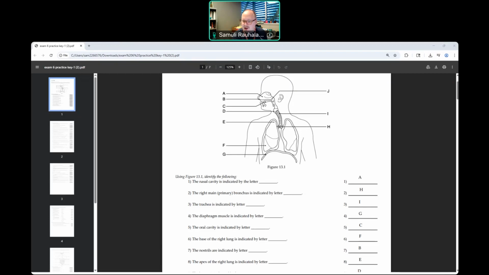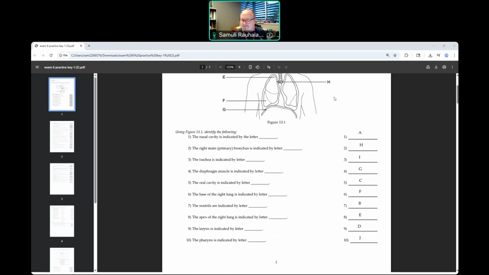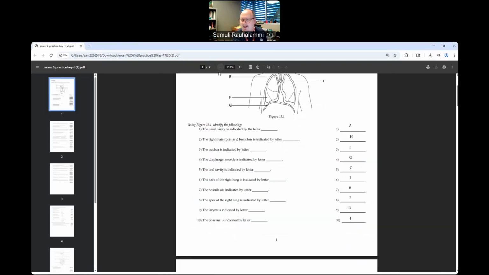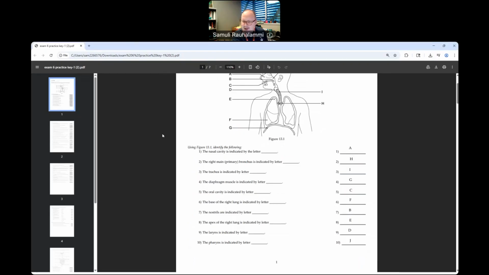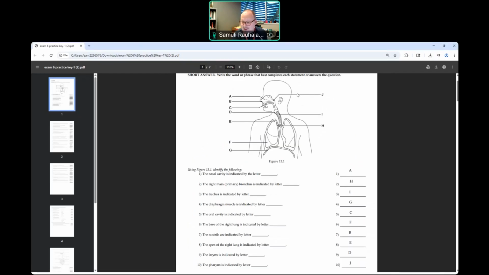Posterior to these structures, we see pharynx, indicated by letter J, and in question 10. Remember that this could be further subdivided into nasopharynx, behind the nose, oropharynx, behind the oral cavity, and laryngopharynx, above the larynx.